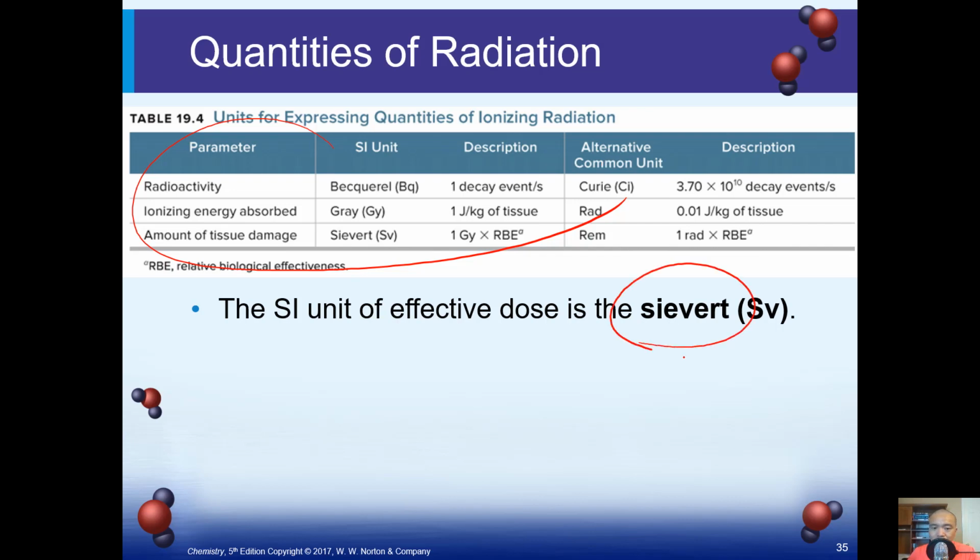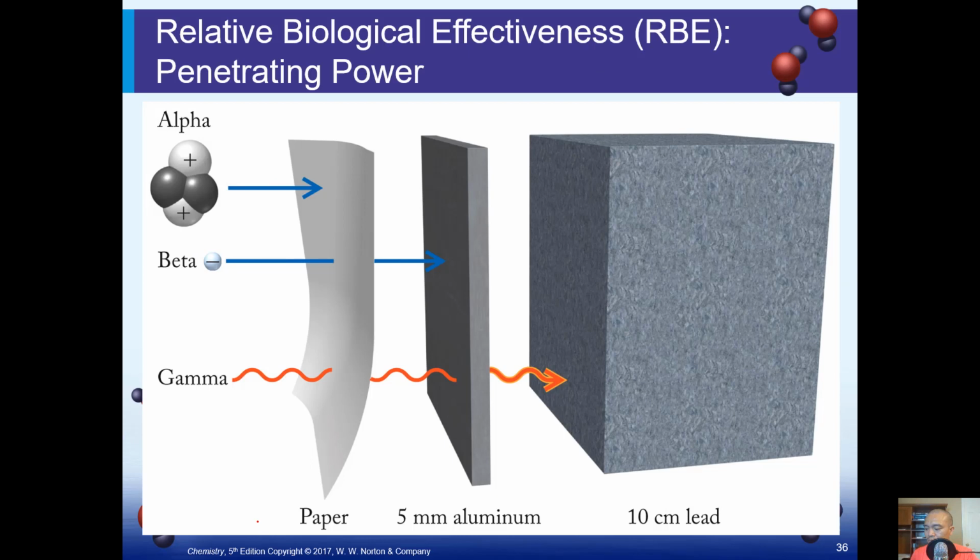The sievert provides the measure of the amount of tissue damage. The relative biological effectiveness, or RBE, is inversely proportional to the penetrating power of the radiation. Alpha particles are massive compared to other types of radiation.